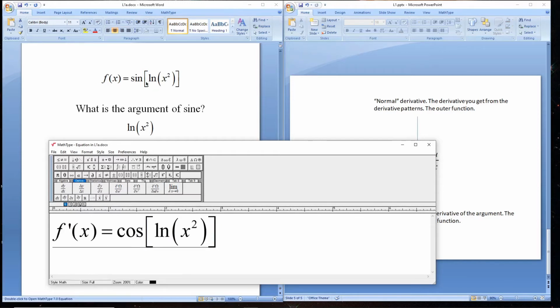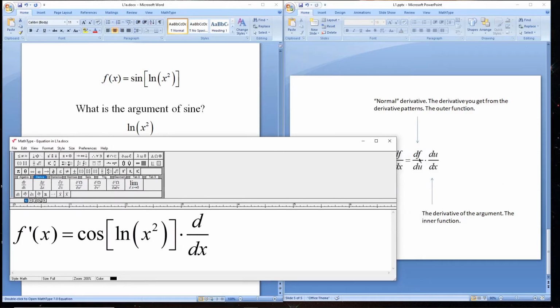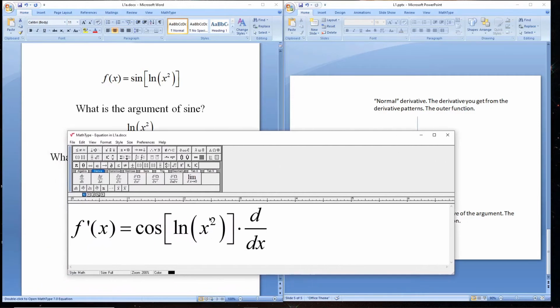All I did was a derivative of sine. The derivative of sine is cosine. And now I'm going to be a little bit more thorough here. And I'm going to use this operator notation here because it can be very, very handy. So what we've done is we did the first step. We did df du. We took the derivative normally.